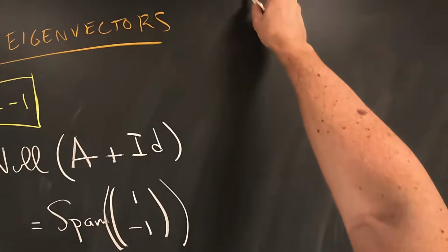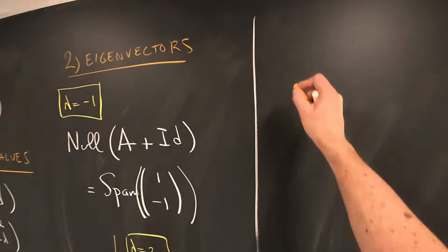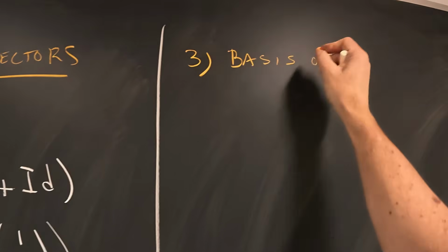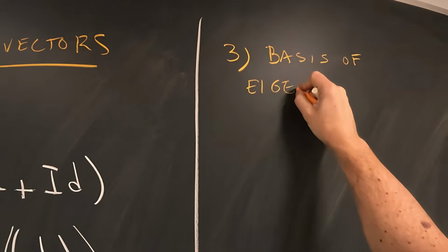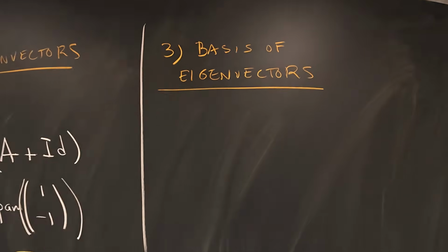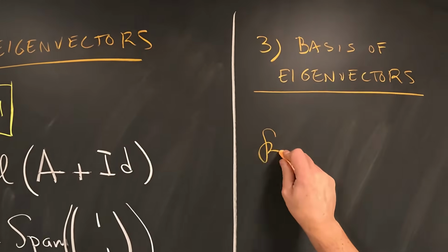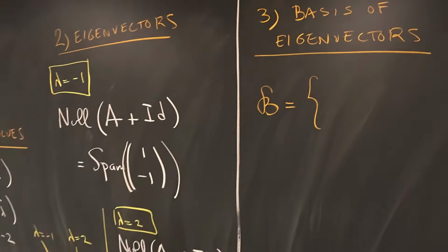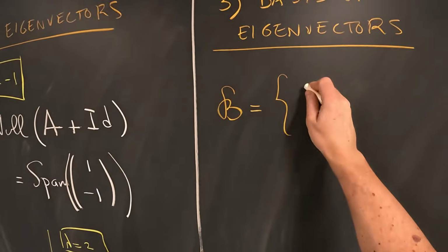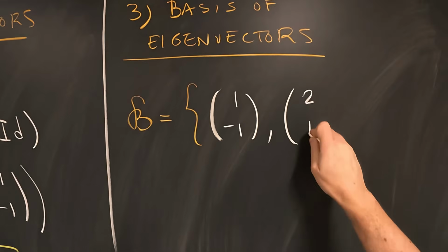And I can try to diagonalize my matrix. So I'm going to write a basis of eigenvectors, which is the new basis I'm going to use to change basis to get a diagonal matrix. My new basis is given by the vector 1, minus 1 and the vector 2, 1.